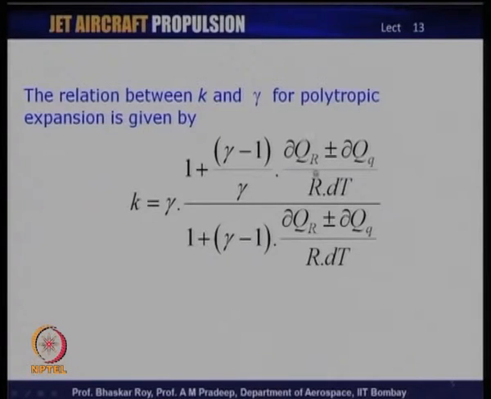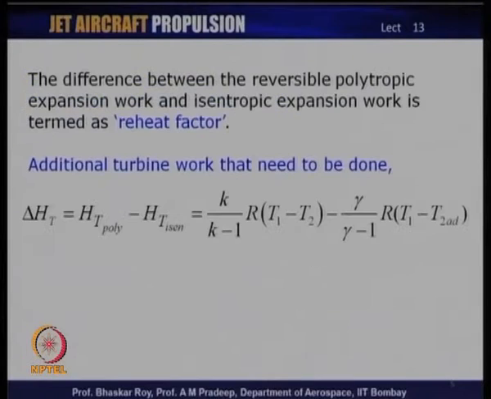This could be the internal heat transfer, this could be the external heat transfer coming in or going out. dT is the change of temperature through the process, R is the gas constant, and gamma of course is the ideal specific heat ratio. So, if you use this relation, you would get a value of the polytropic index K for that particular operating condition, involving all the heat transfers that may be taking place internally or externally.